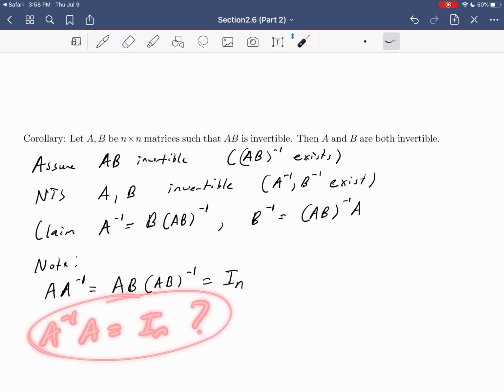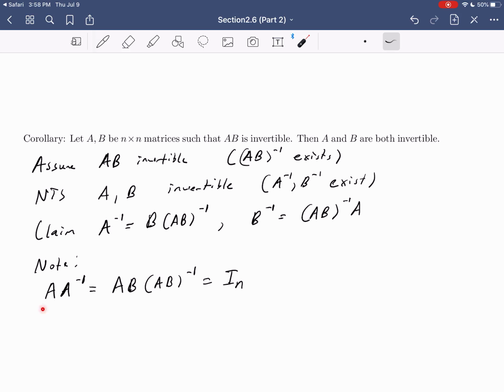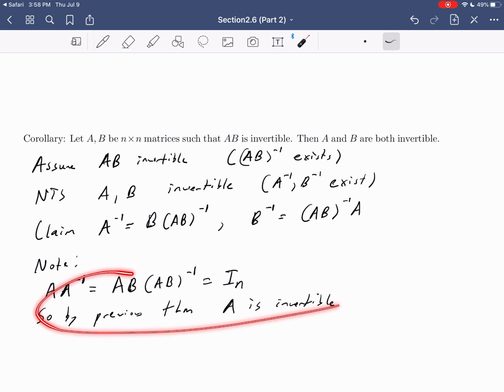Well, we don't care, because the previous theorem says that as soon as you've shown the multiplication one direction, you're all good. So, by previous theorem, A is invertible. Once you've shown the multiplication one way, again, we did A times A inverse rather than A inverse times A, we're all good now.